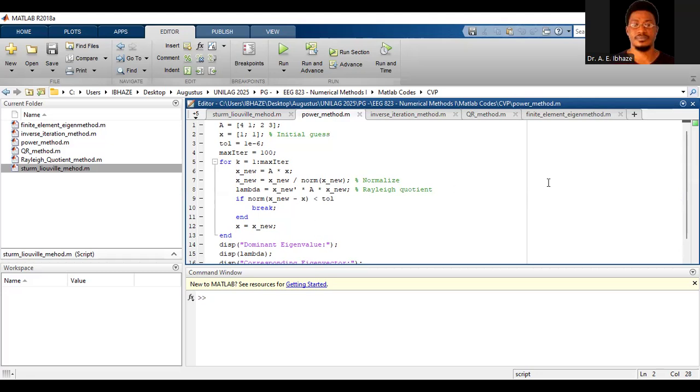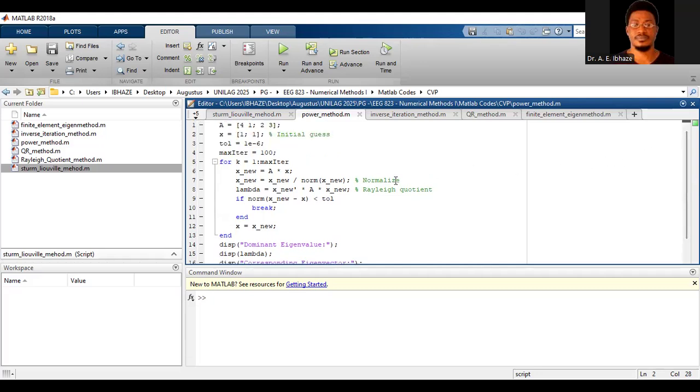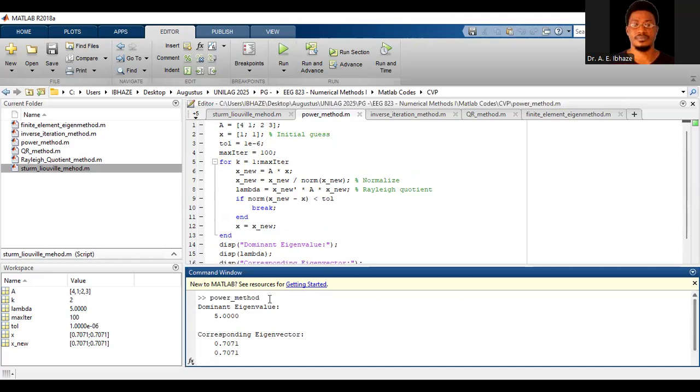So in running this program, the MATLAB program is expected to return the value of 5, being the largest eigenvalue in terms of the magnitude. And that's exactly what we have, the dominant eigenvalue. Okay? So we see that the power method returns the dominant eigenvalue being the same as 5 and the corresponding eigenvectors.